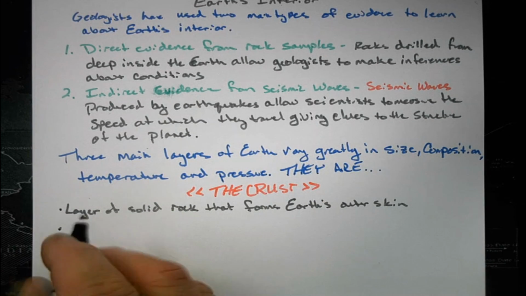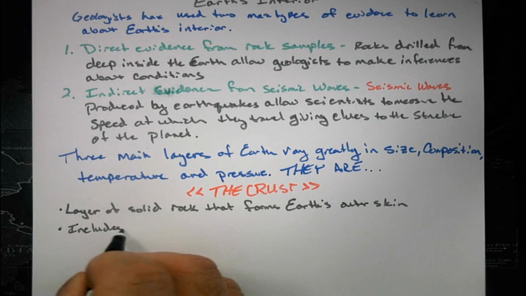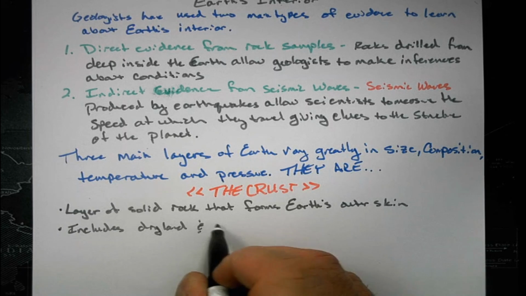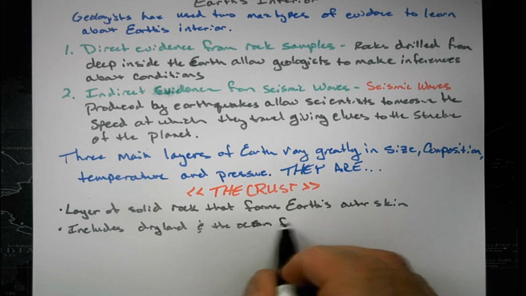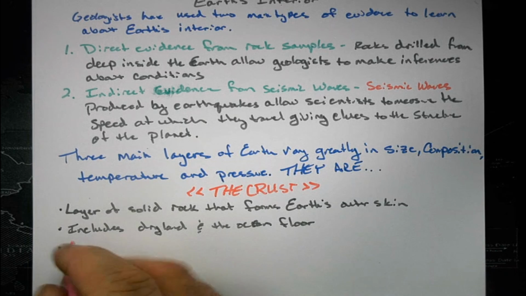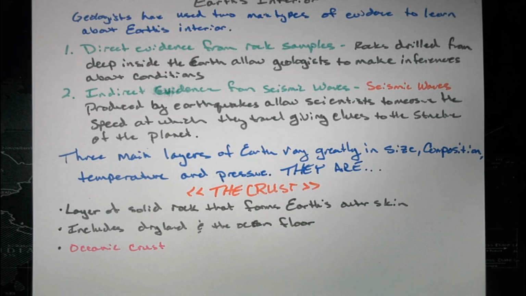It includes both dry land and ocean floor. Okay, we have the oceanic crust, which consists mostly of a rock called basalt.